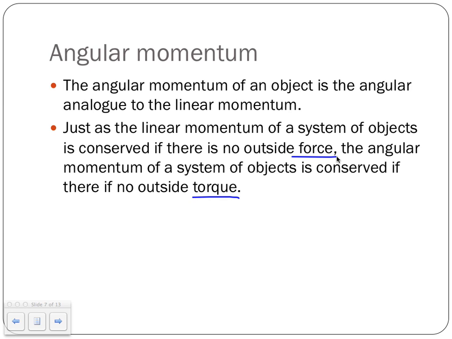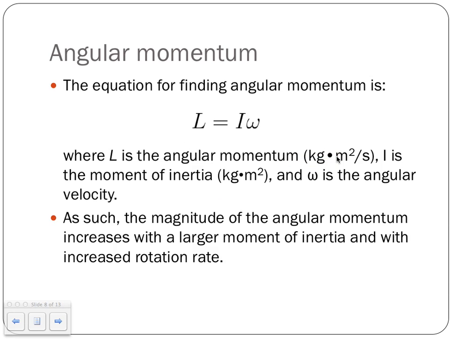And so let's look once again in a little more detail at this. If we want to actually find angular momentum, the symbol for angular momentum is capital L. Once again, don't ask me why, but that's just what it is. So angular momentum L is equal to I omega, the moment of inertia times the angular velocity. And this should look familiar, because in the same way that angular momentum is L, linear momentum is P. P is equal to m times v.